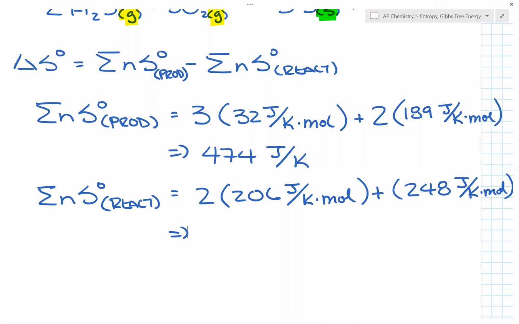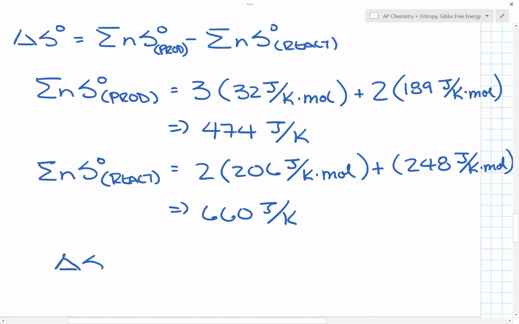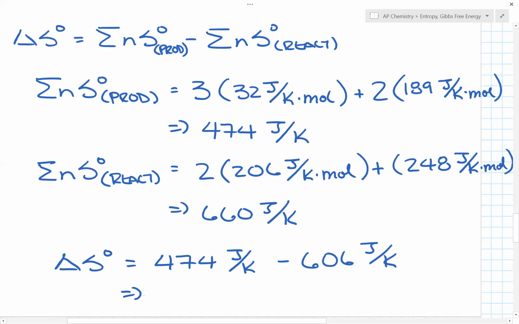Then what I have is 2 times 206 plus 248, so 660 joules per Kelvin. So delta S naught is equal to 474 joules per Kelvin minus 660 joules per Kelvin, and I get an answer of negative 186 joules per Kelvin.